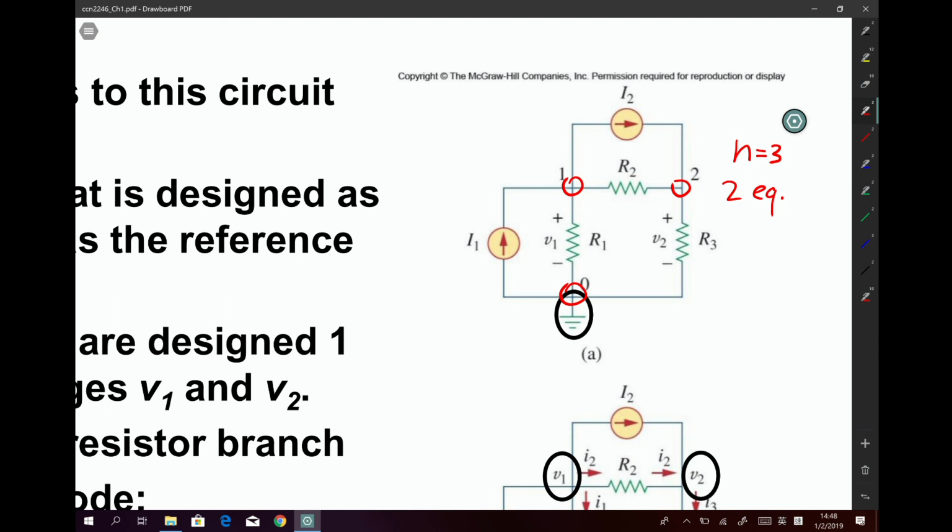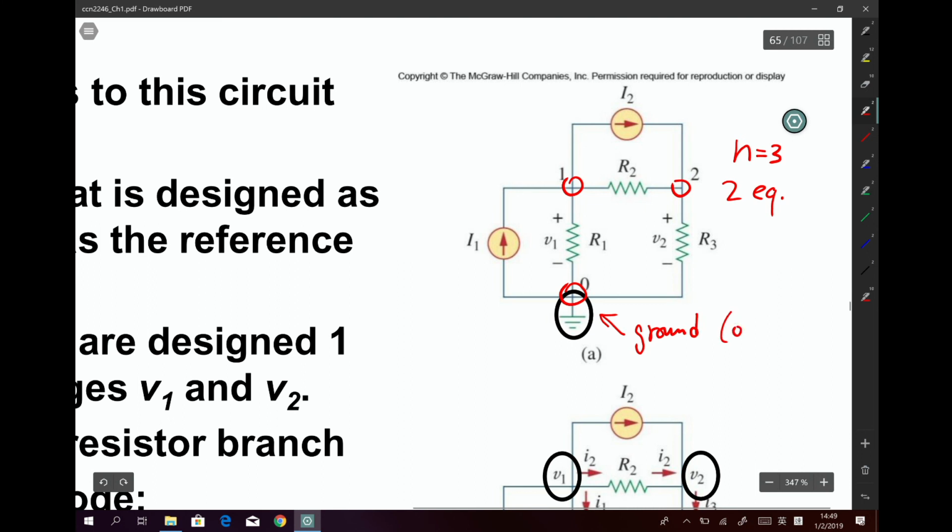Now this is a ground symbol. Basically, it does not mean the Earth. You may learn from other subjects that it represents Earth, that you connect a wire to the ground to discharge the current. Now this is not. This ground symbol represents the reference only.